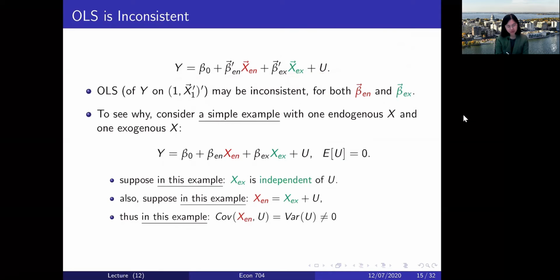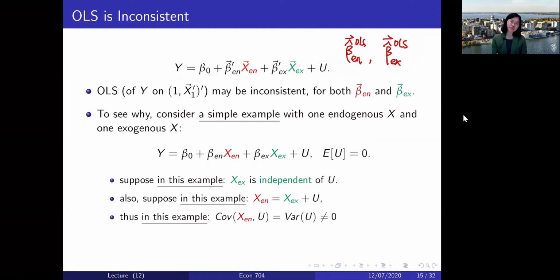If we do an OLS of y on all of the x variables, we get some OLS estimators. These OLS estimators typically are not consistent. Even the estimator for the exogenous variables is not consistent.